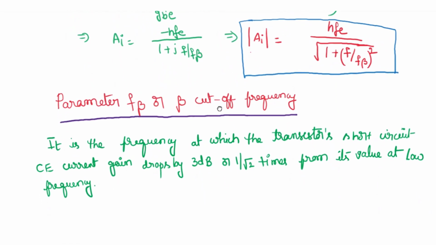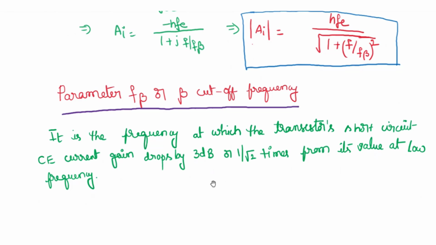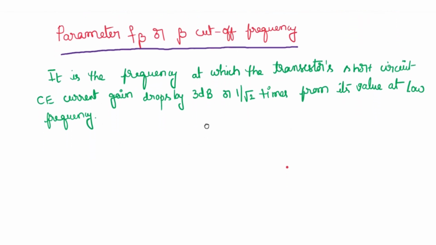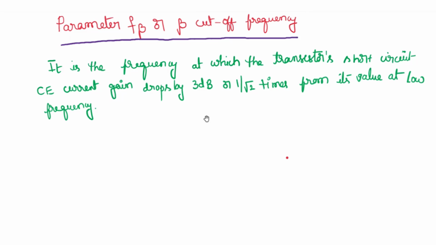Now I want to explain the concept of the parameter f beta, or beta cutoff frequency. What is this parameter f beta or beta cutoff frequency? It is the frequency at which the transistor short circuit CE current gain drops by 3 dB, or 1 by root 2 times, from its value at low frequency.